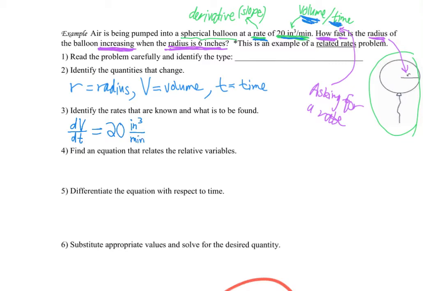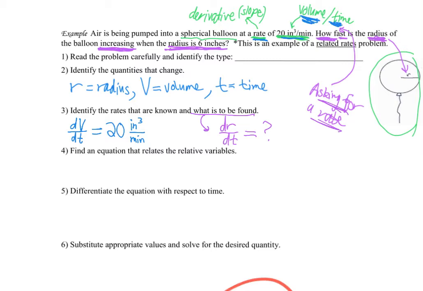Okay. Question is, how fast is the radius increasing? So it's asking for a rate. Which rate is it asking for? It's asking for the rate of change of the radius. And again, the radius is changing with respect to time. So what is to be found is dr/dt.